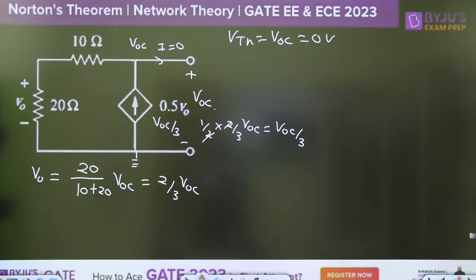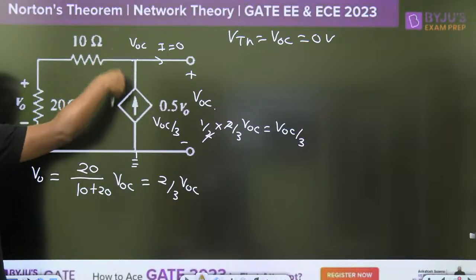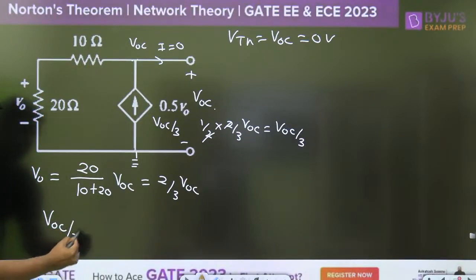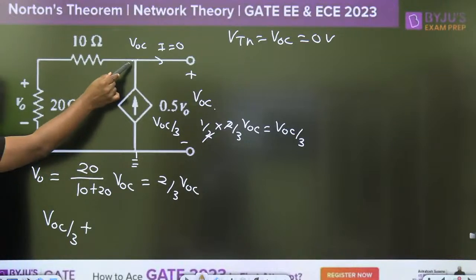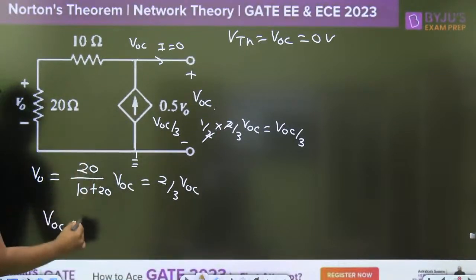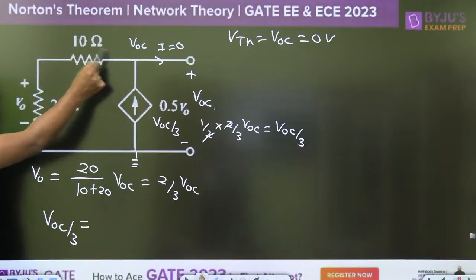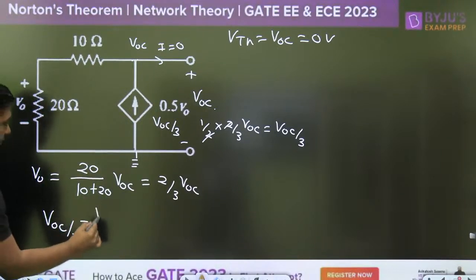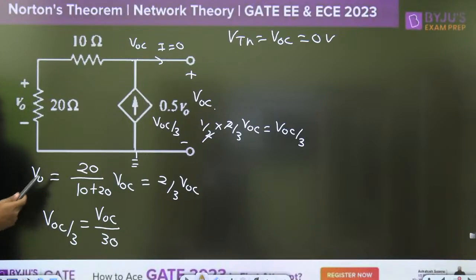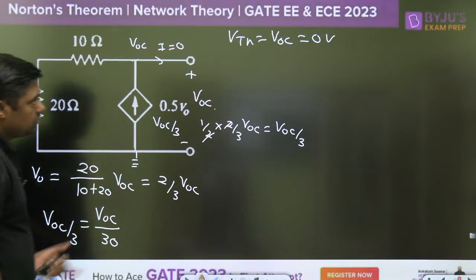Now write down the KCL. What is the incoming current? VOC by 3. Incoming is equal to outgoing. Incoming current VOC by 3 is equal to outgoing current, VOC minus 0, VOC by 30. My dear, this equation is only valid for what? 0.